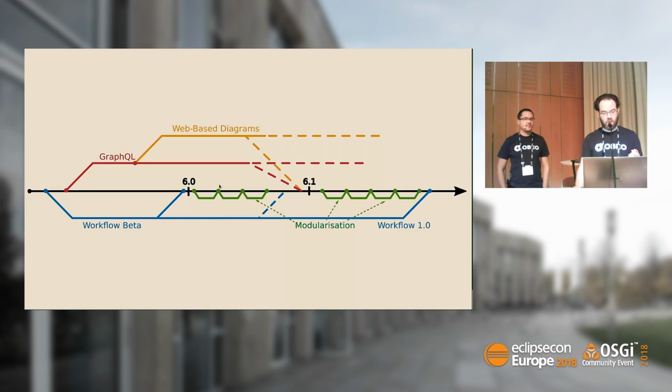So we started, in green, different small-step efforts to modularize the core of Sirius for the needs of these various experiments. And the idea is to continue this way. We will probably release a stabilized version of the workflow by the end of the year or maybe early 2019, and continue the various experiments on the diagram side. And as soon as we have elements that are deemed stable enough, they will be integrated back into the main line.